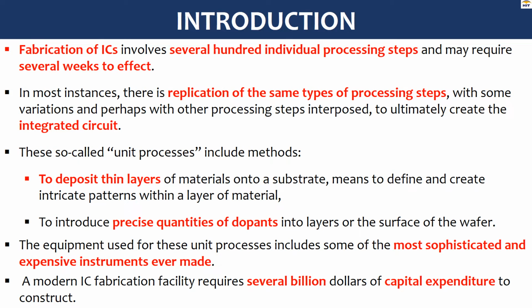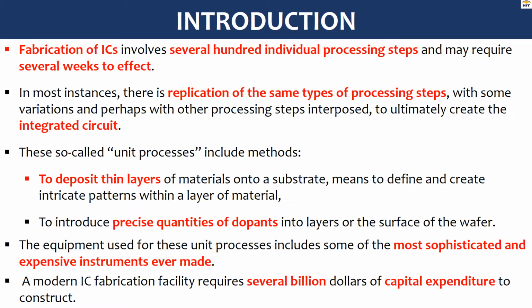Fabrication of your ICs involves several hundred individual processing steps that may require weeks to a month to produce, in order for an IC to carry out the function that it is supposed to do.